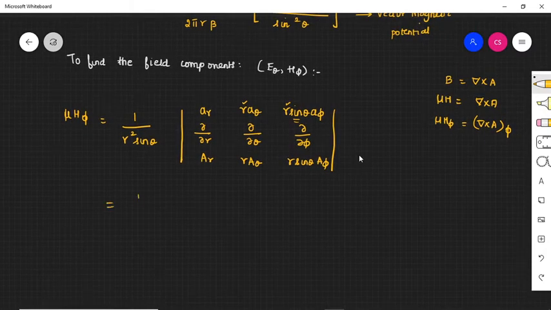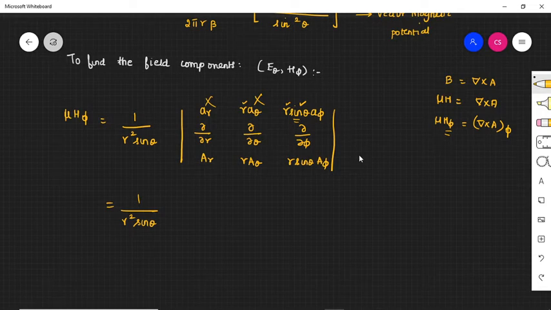So now this is going to be equal to 1 by r square sine theta. Now if you see, this matrix has three terms: a_r, a_theta and a_phi. But our magnetic field is oriented only in the phi axis, which means I will not be considering these two axes when we find the required magnetic field. We will only find the value of this phi component.